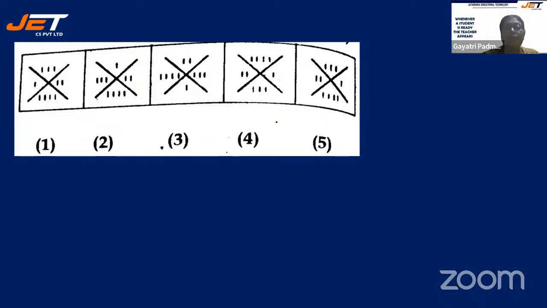So you need to find out which one is different and why different. So 5 options are given. Option 1, 2, 3, 4, and 5. So which is different? Which one is the odd one out? You need to choose. All right. Your time is running.